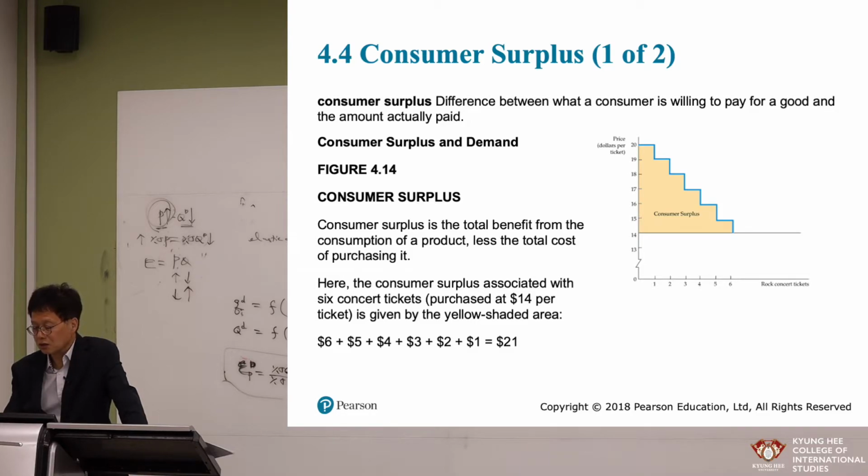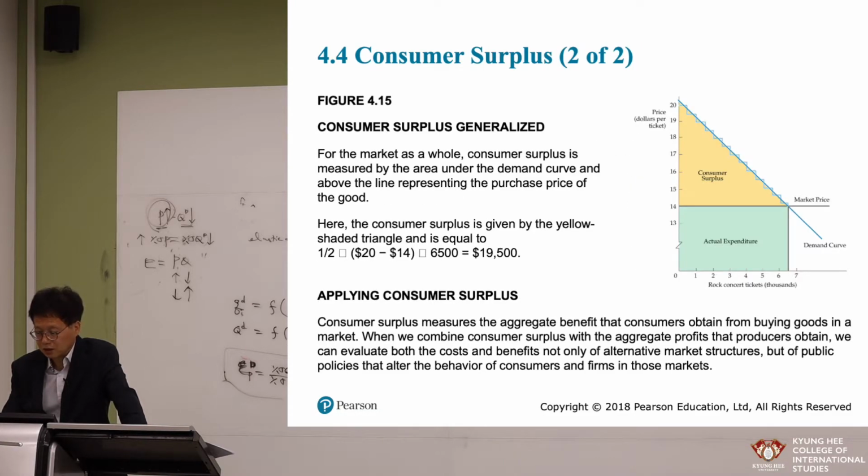And finally, you drink 6 bottles of beer. Then your utility level increases by $40. So you are willing to purchase at $14 and the market price is $14, right? So all of this one plus this one plus this one plus this one is consumer surplus. Can you understand? This explanation is easier than this.